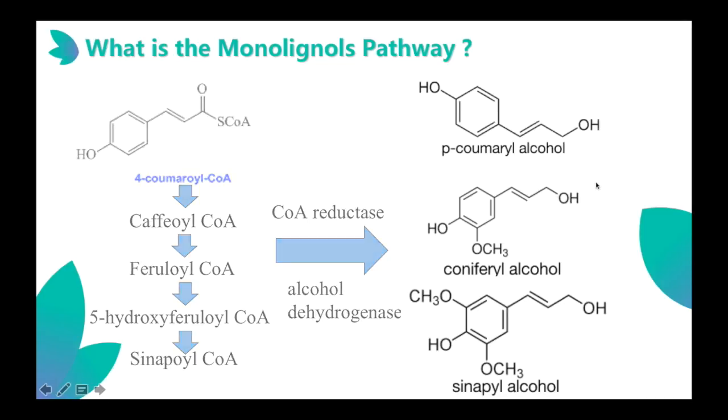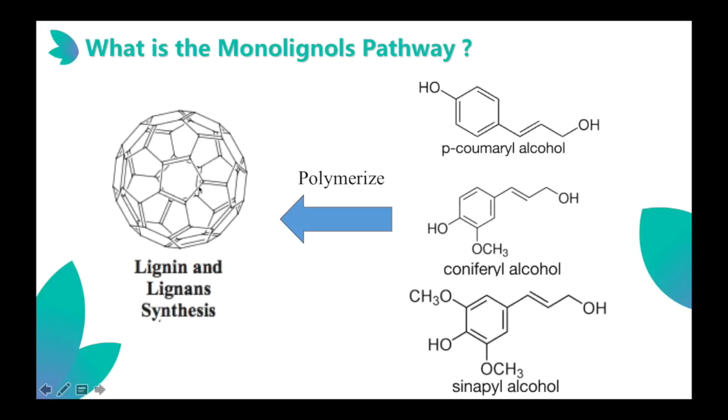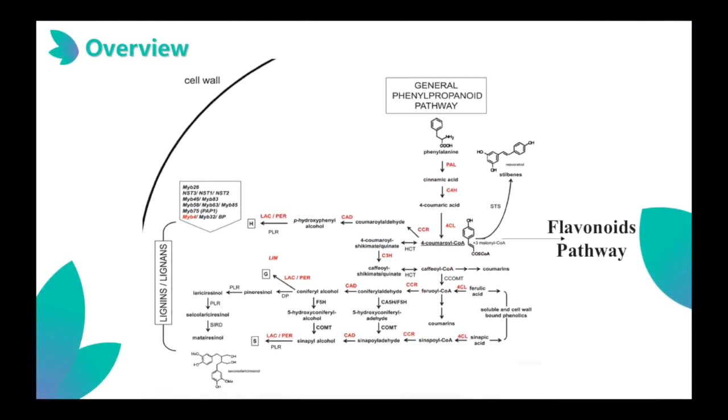Then this alcohol can polymerize to form lignin and lignans, which is the end product of the monolignol pathway. Here is the whole pathway of general phenylpropanoid and monolignol.